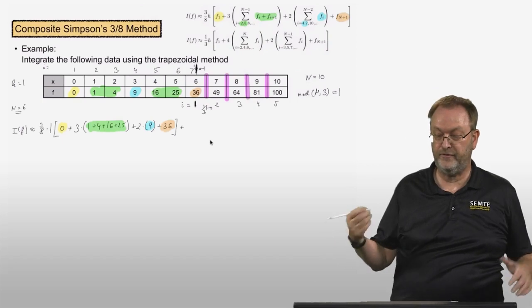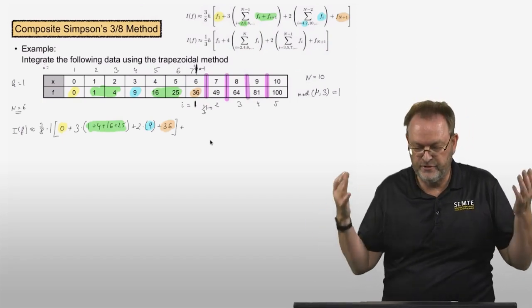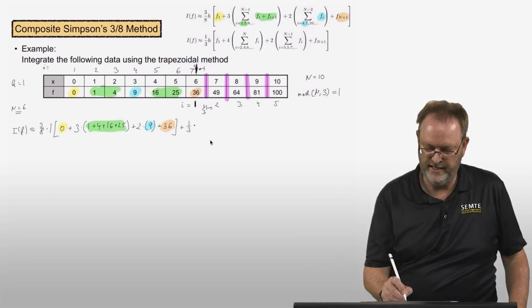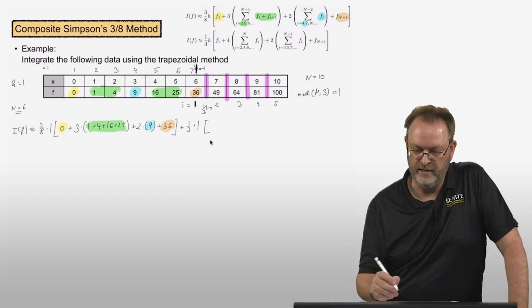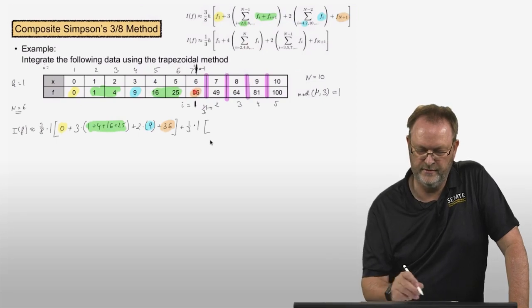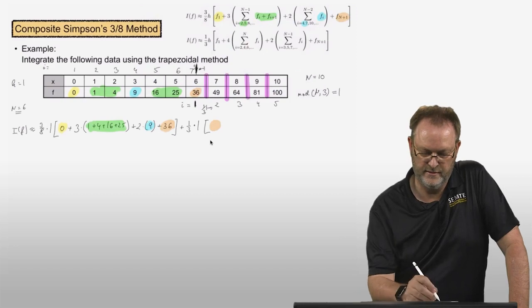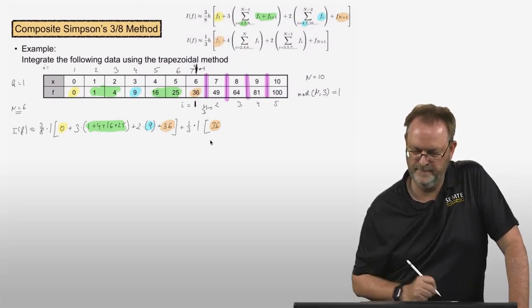For the 1/3 method, I have 5 points, so 4 subintervals, divisible by 2, so the 1/3 method will work. So plus 1/3 times h is still 1 times f1. The f1 is this point here, the 36. That's my orange one. So that's 36.